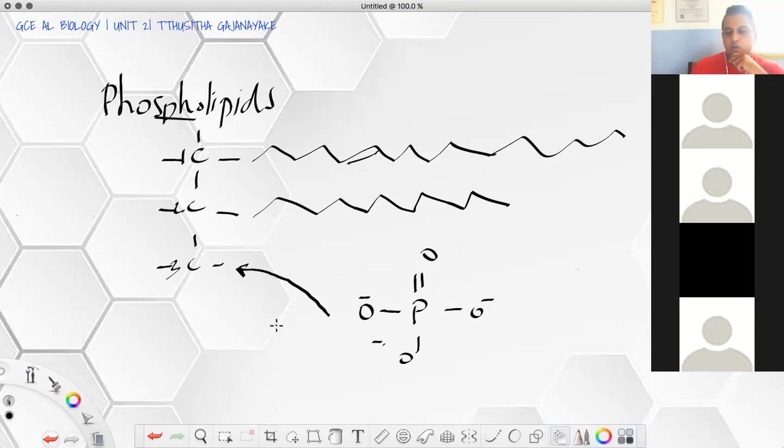But there is a small problem, because these negative charges give a huge polarity to the phosphate group, and the fatty acid tails don't have any charges, because all the atoms are well established to make the bonds. So they have no reactive groups.